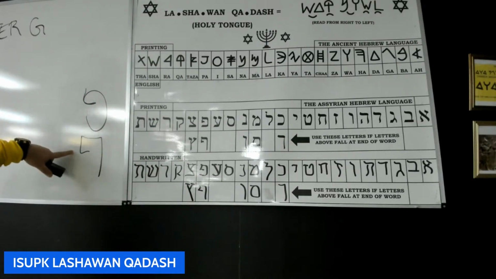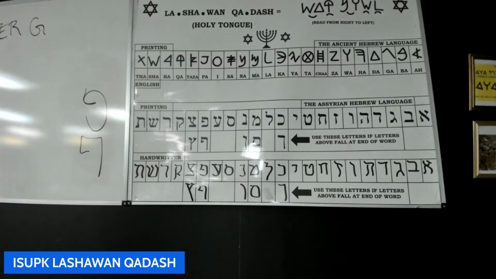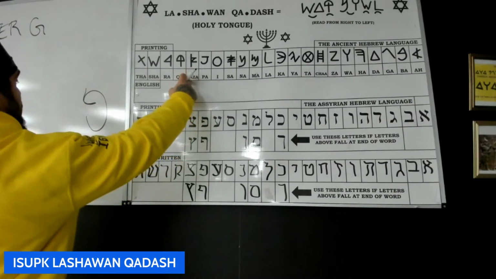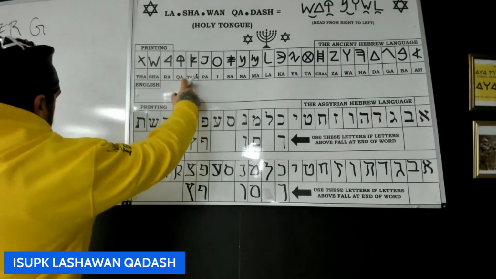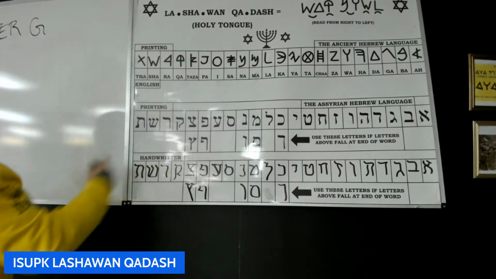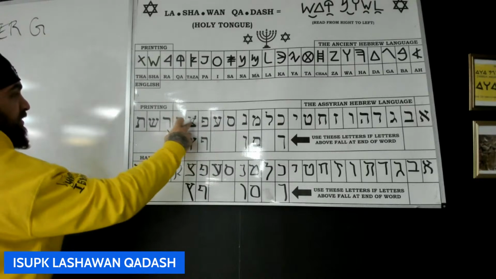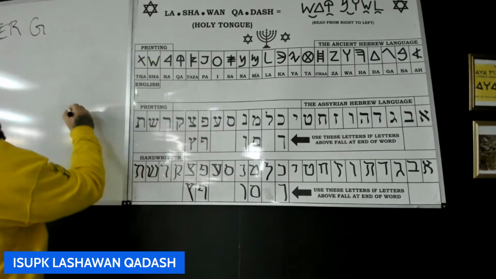This will be at the end of the word. Next, we're going to work with Taza. Taza is more similar to the I formation, but a little bit different because it slopes in and comes back out. So it'll be like this.